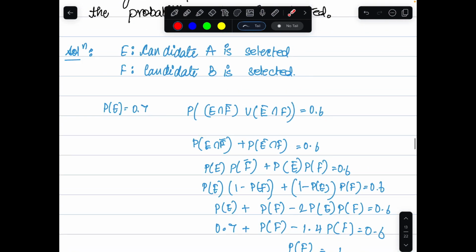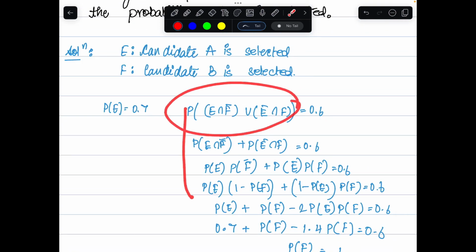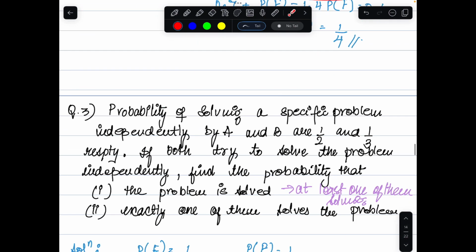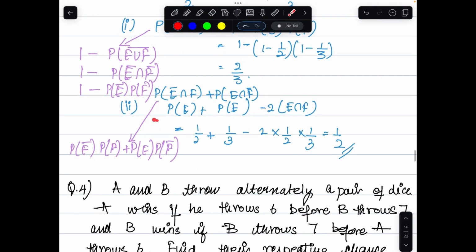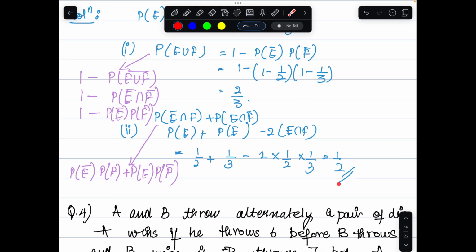You can look over here, the same thing is being done. They both are exactly the same. So when you simplify, you will get this. Now you can just substitute, so it's half. So there is a 50% chance that exactly one of them will solve.